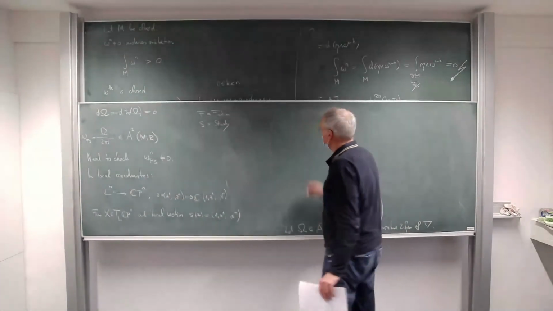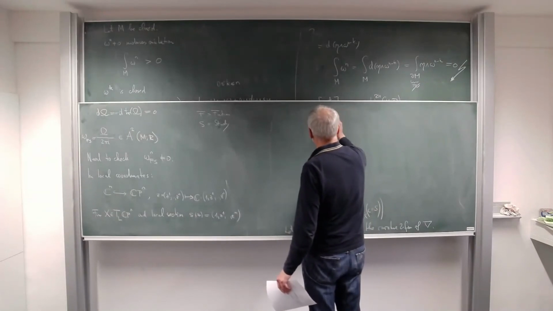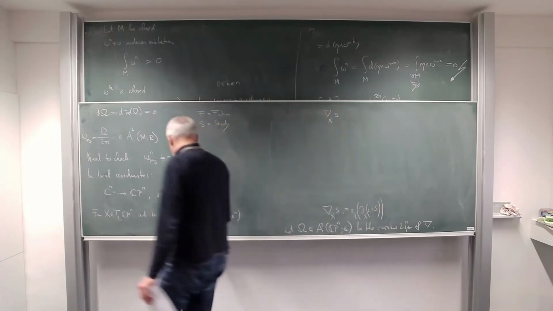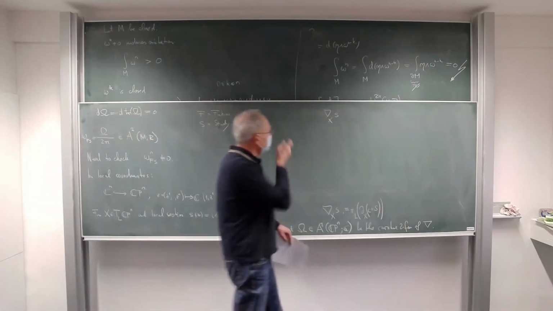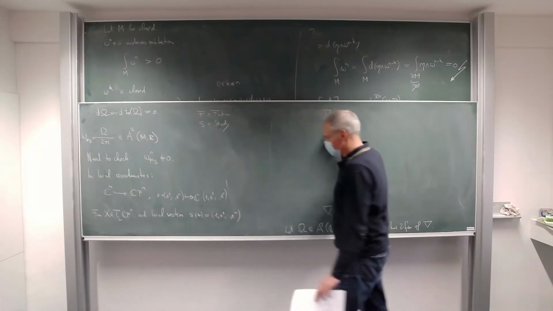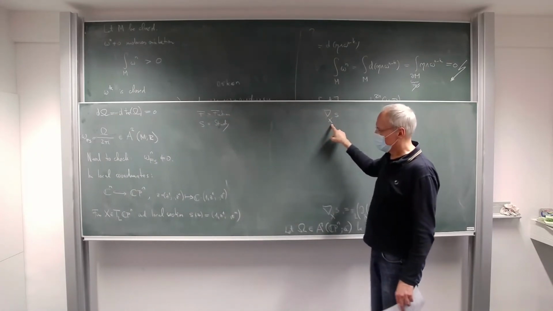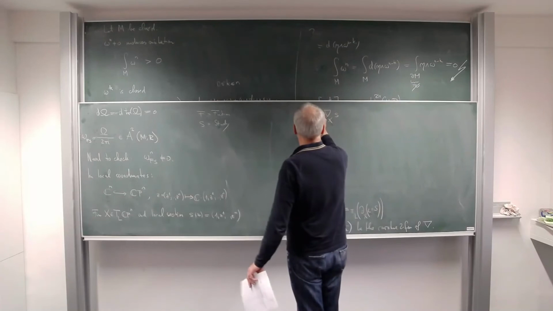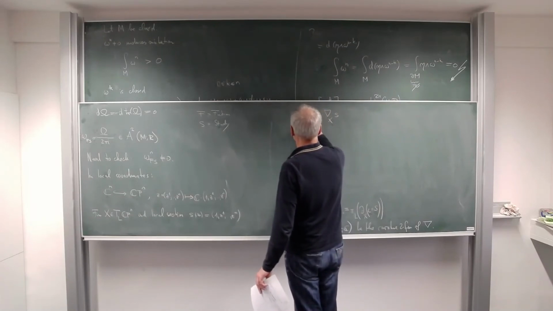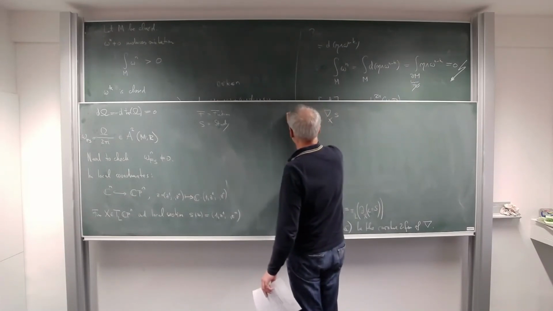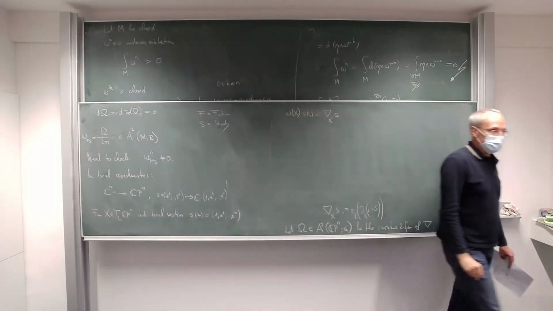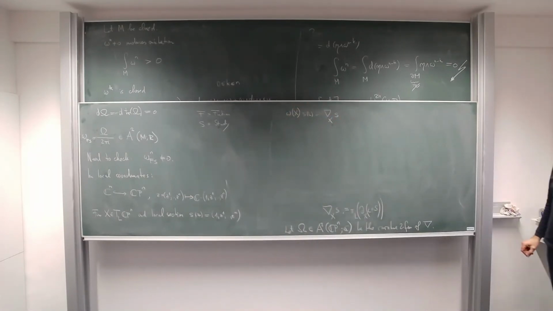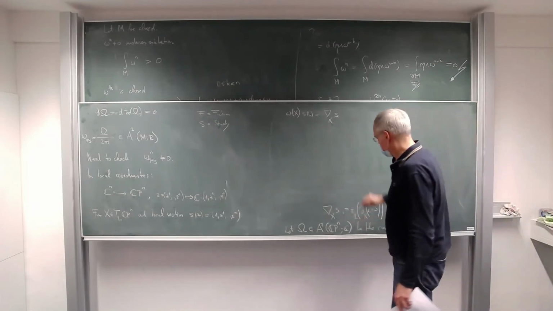In order to do that, I have to compute the covariant derivative of this local section at L and express the result as a multiple of this section again. So I have to write this as s(L), and the coefficient that pops up is exactly the connection form applied to this tangent vector x. That's what I have. Now we can use this formula.